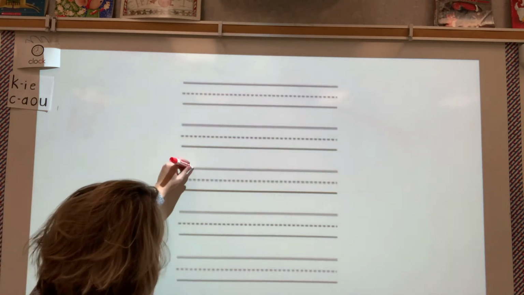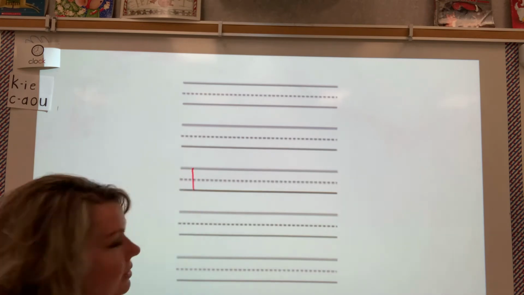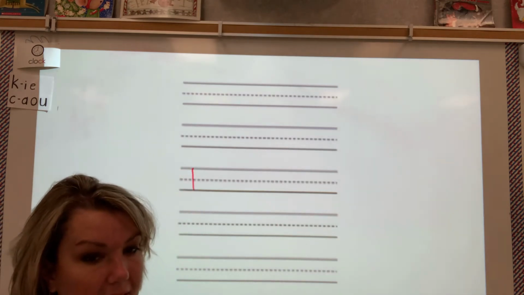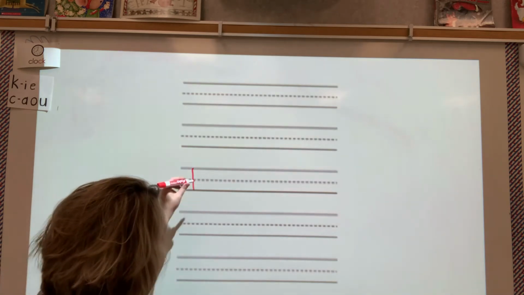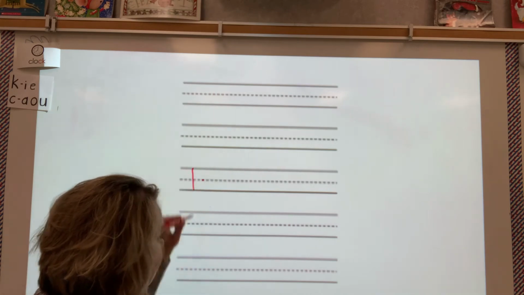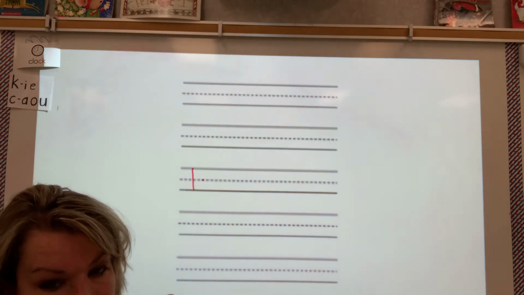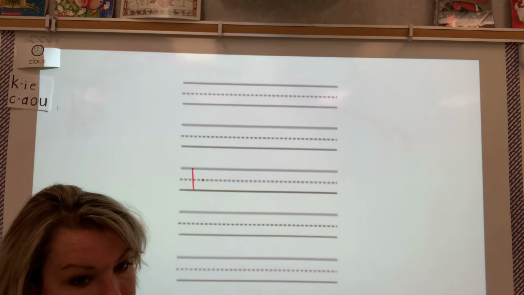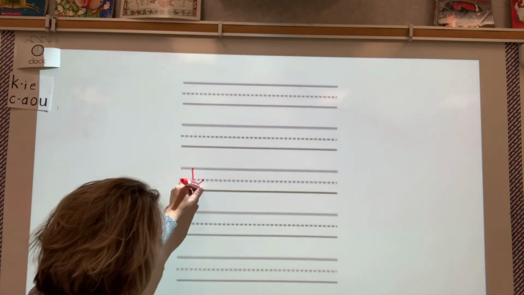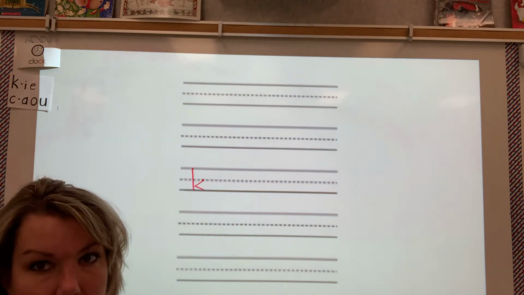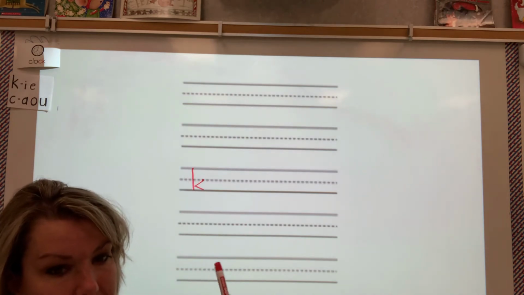So it's going to come all the way from the top line down to the bottom. Now, a lowercase k sound, you're going to go to the dotted line. That's very important, friends. Go to the dotted line, diagonal to the left, diagonal to the right. That is a lowercase k.